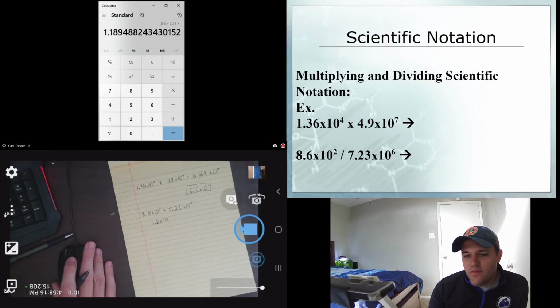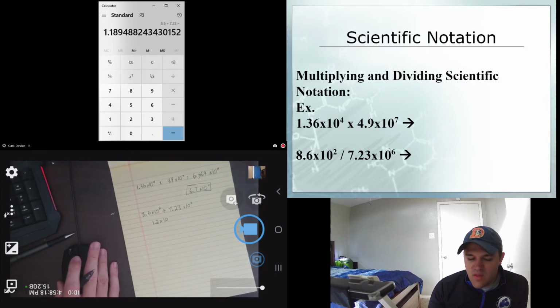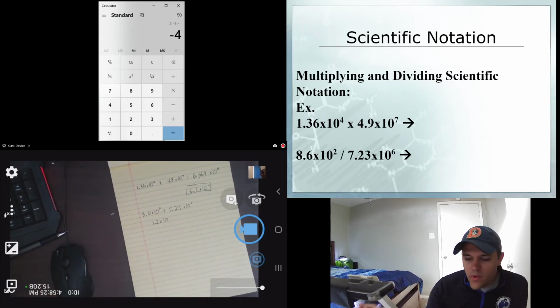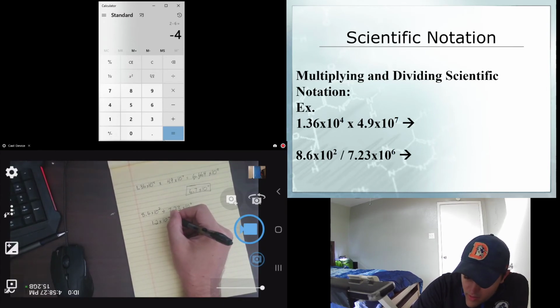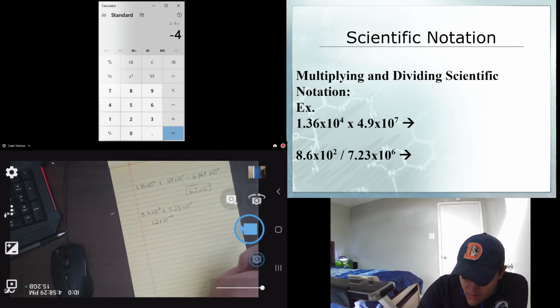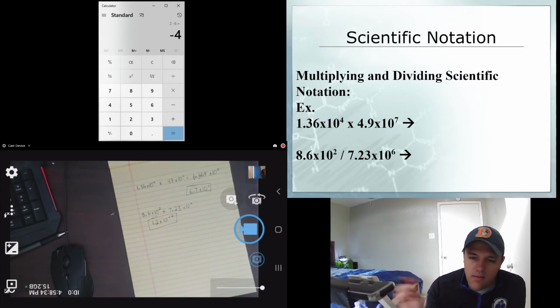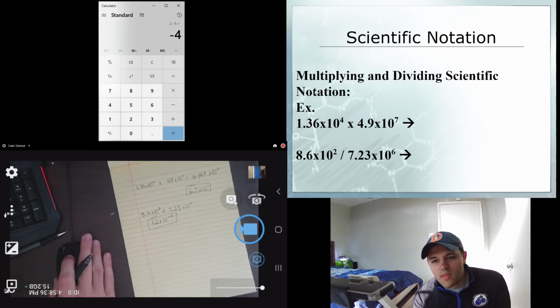So here you're going to have 2 minus 6, which comes out as -4. All right. So your power here is -4. So this would be your answer for the second example there.